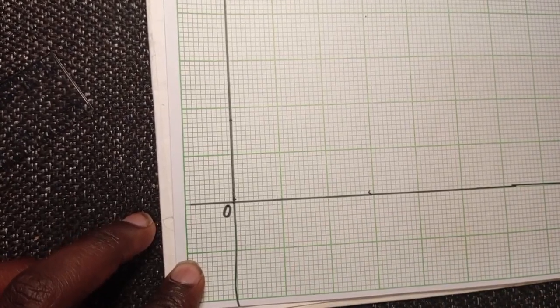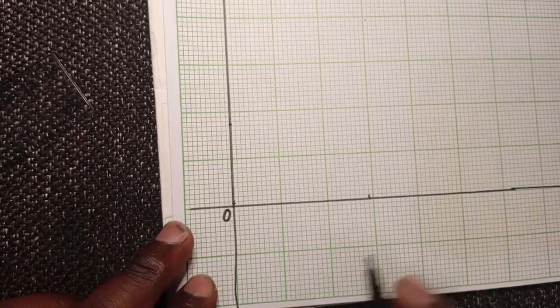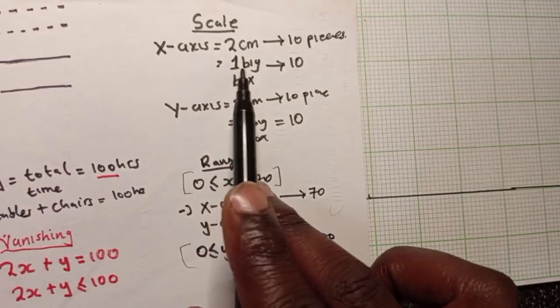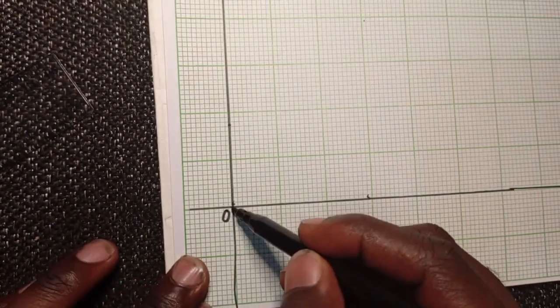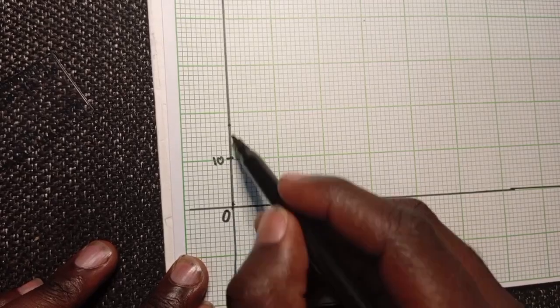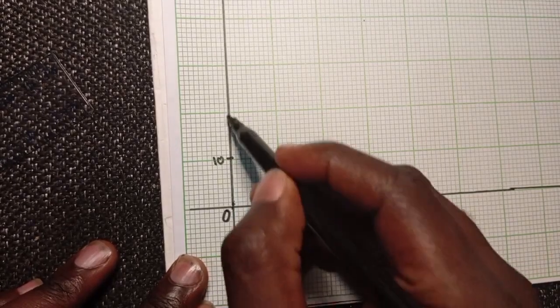After this, we go back to our scale. Here we said one big box is equal to 10 on both axes. So one big box is 10, and another big box, if you add 10, will be 20.